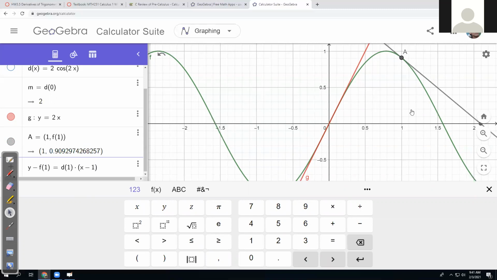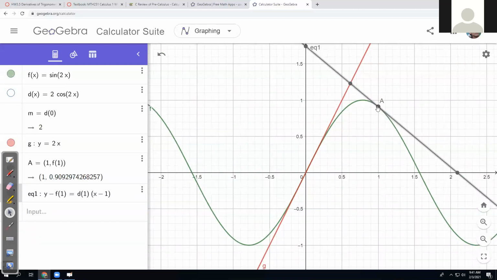And yeah, that looks pretty good, right? That looks tangent there. So this is just the point slope formula using my function and my slope function here: y minus y1 equals m times x minus x1.